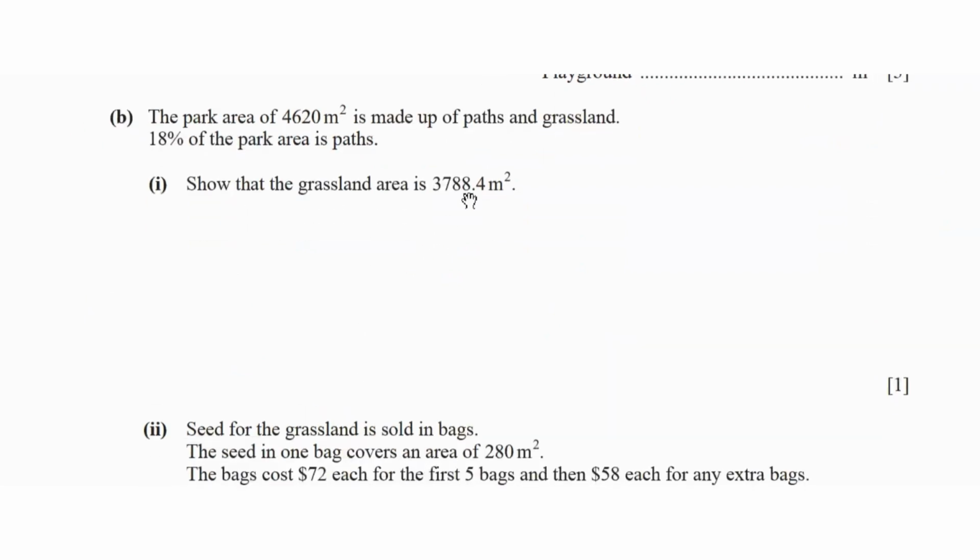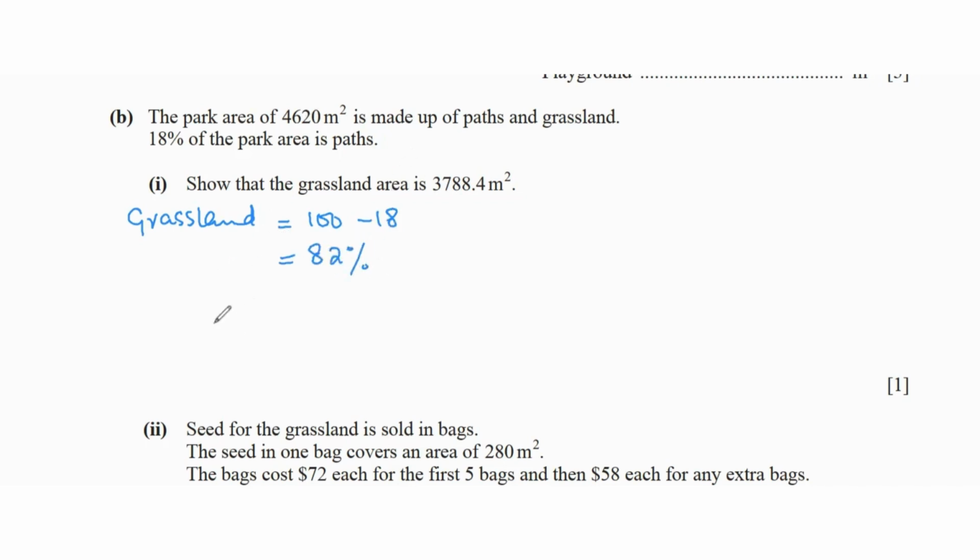Part B says the area of 4,620 meters square is made up of parks and grassland. 18% of the park area is parks, so we need to show that the grassland area is 3,788.4. So if 18% is park, that means grassland is going to be 100 minus 18, which is 82%.